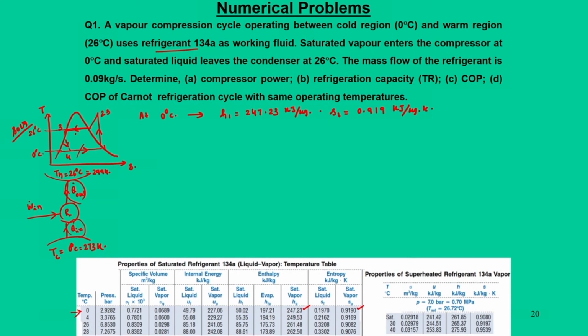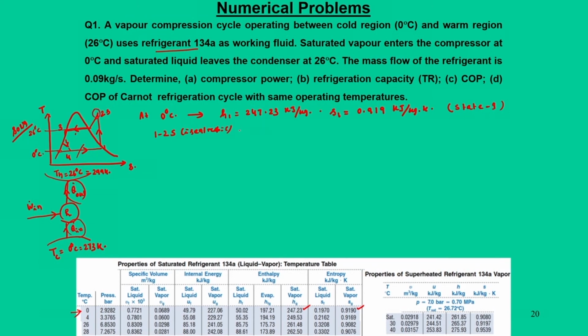Now, once we know state 1, we require state 2. It is an isentropic process, 1 to 2s is isentropic, and 2s is in the superheated region.